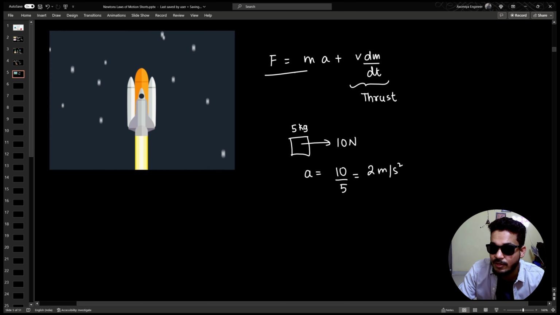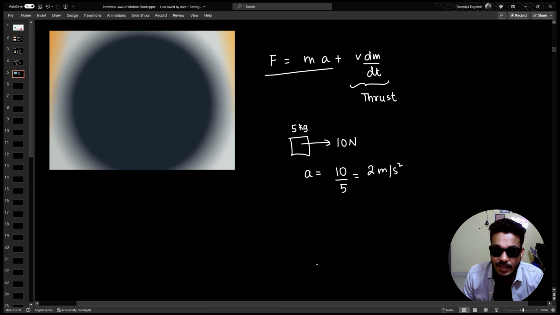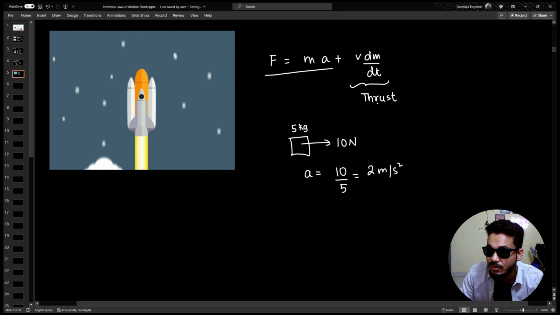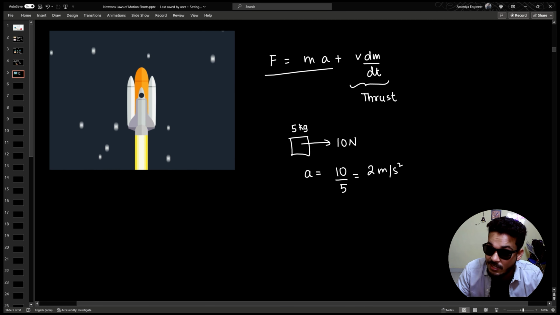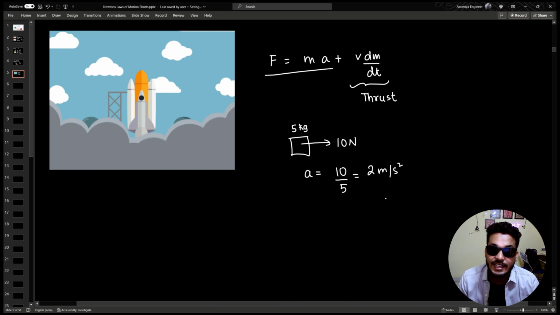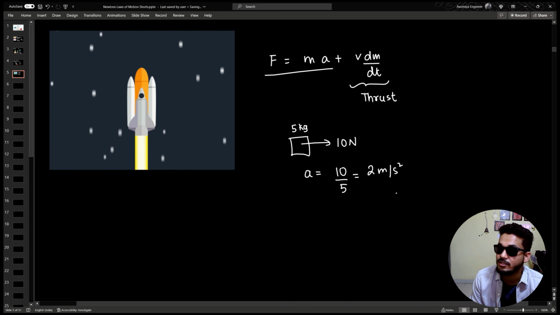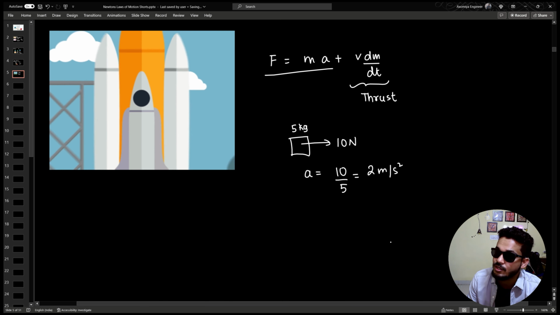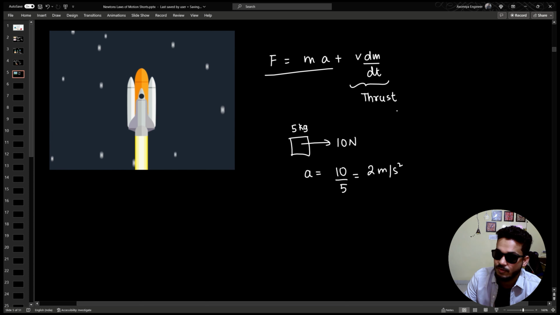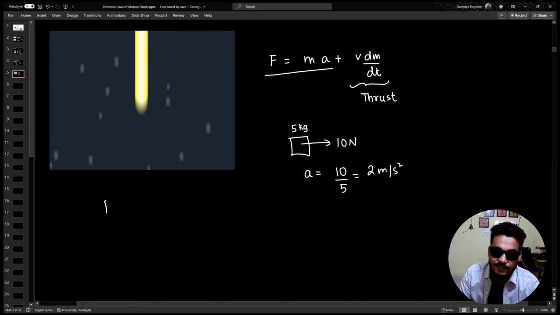This is just F equals ma, so you don't have to worry about the thrust part for most of the calculations. 90% of the classical mechanics that you're going to study in your 11th standard will not involve this formula. Occasionally in your modules or standard textbook, you might get a situation where you have this component of force as well. Now let's focus on F equals ma.